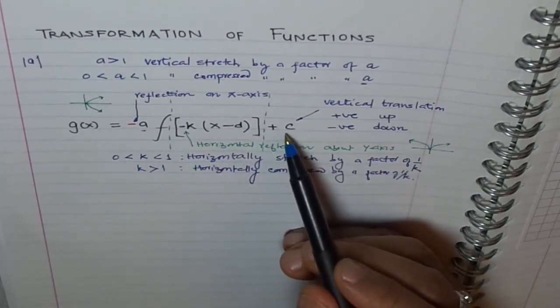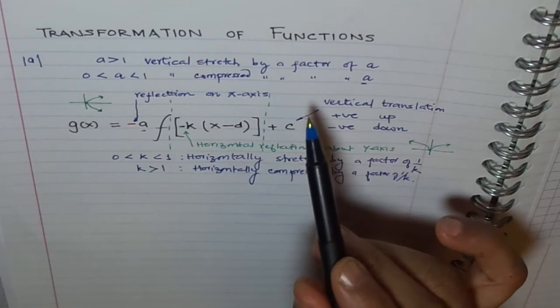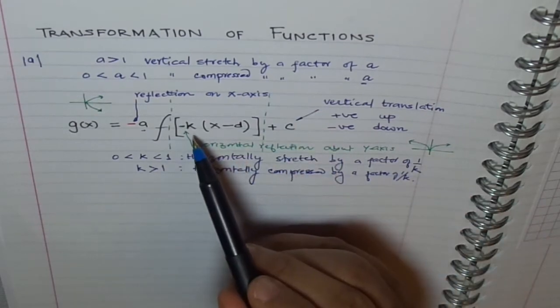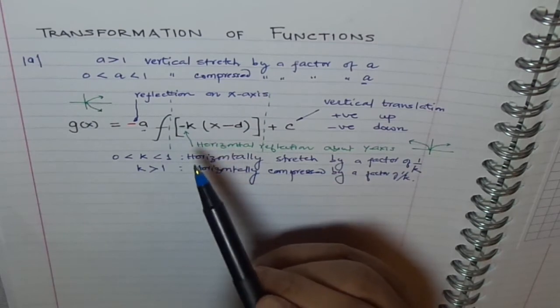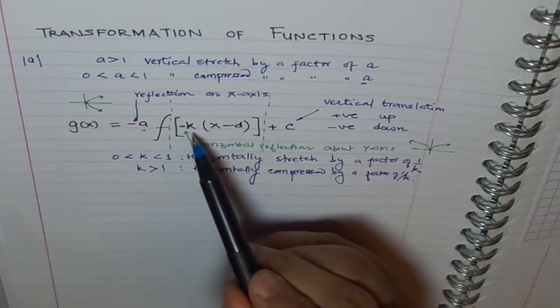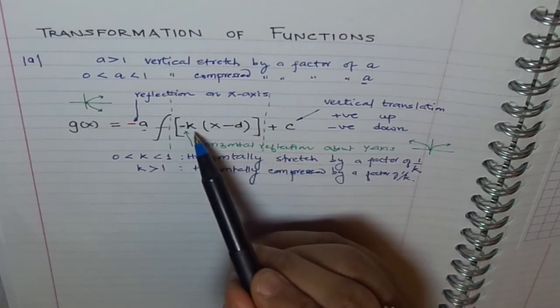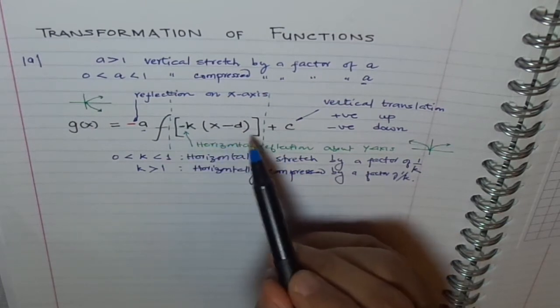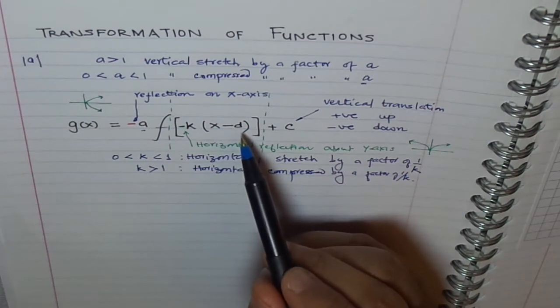And c is a vertical translation, up or down. If c is positive, it goes up, otherwise down. For k, it is horizontal stretch or compression. It stretches if this is less than 1, remember, but it compresses if it is more than 1. And d is left or right translation, horizontal translation.